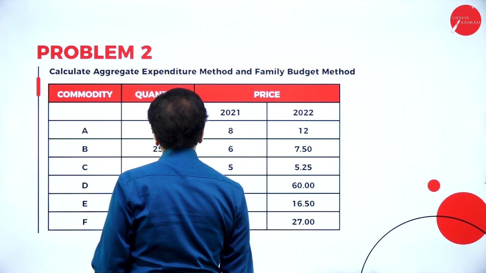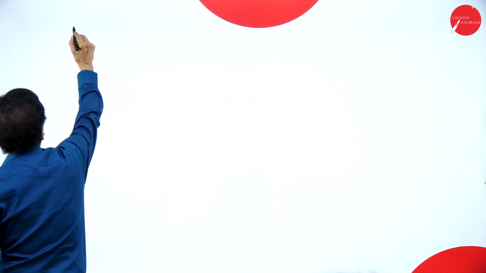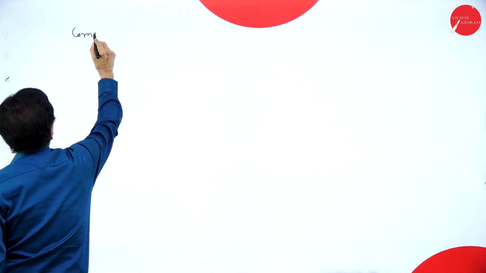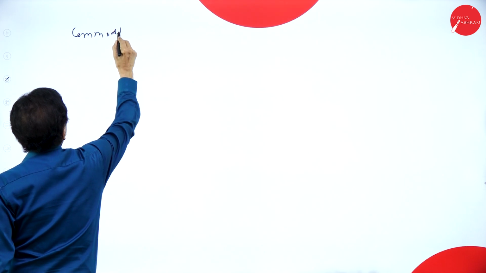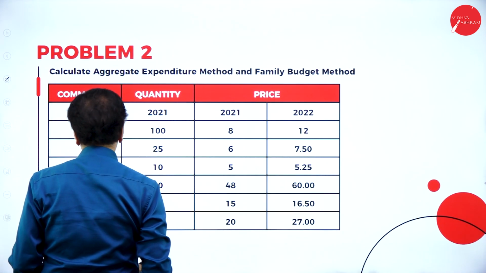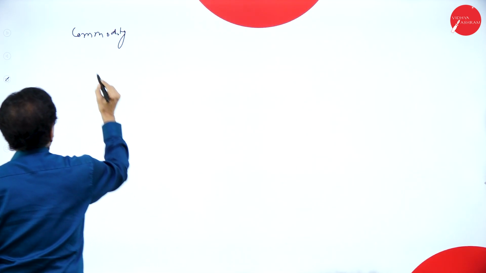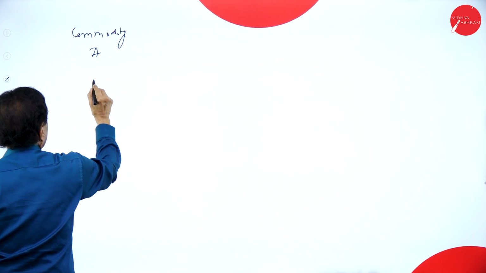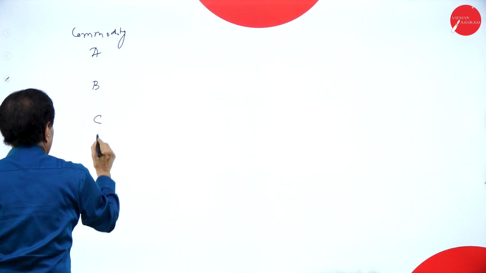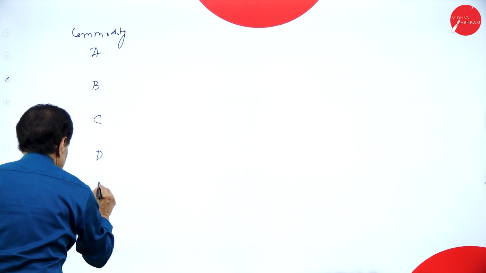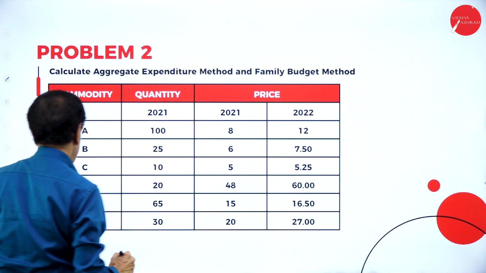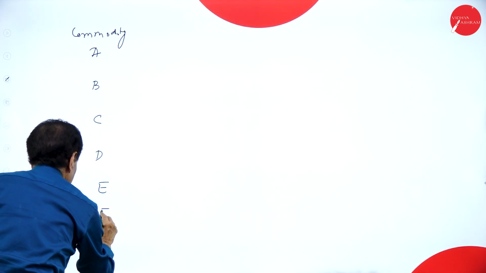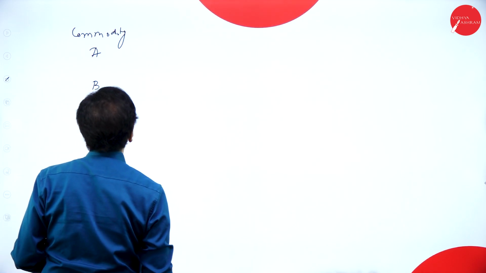First we write the commodity: A, B, C, D, E, F. This is your commodity.